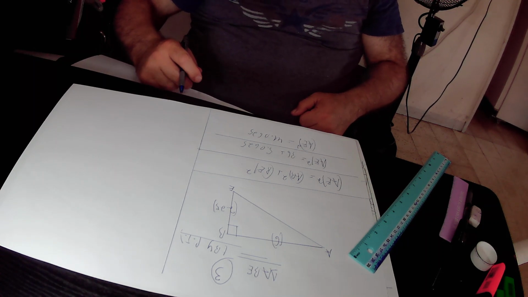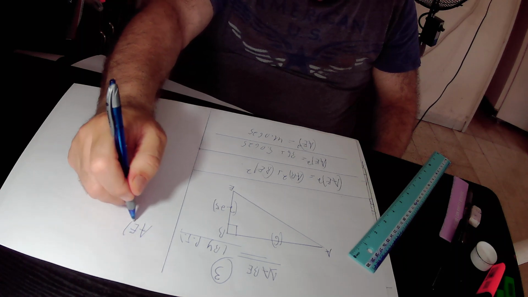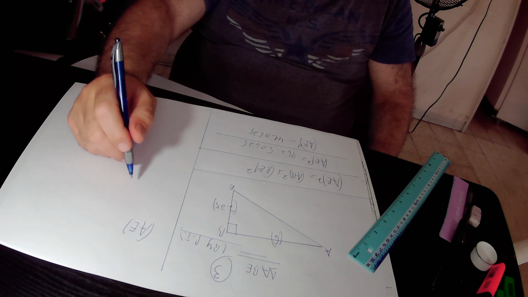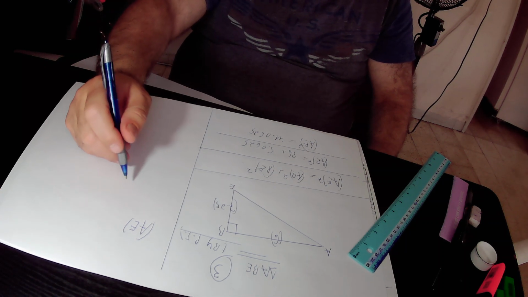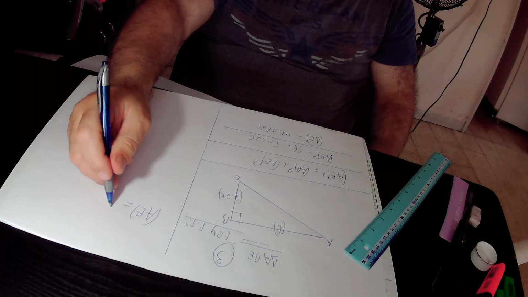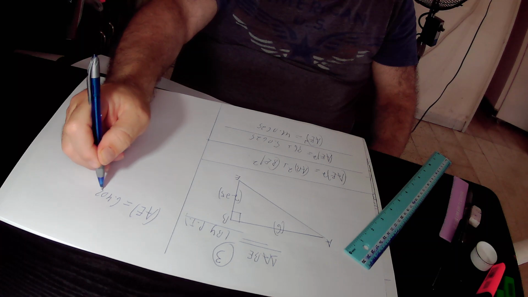Here we take the root of this equation, and finally we get that the missing line segment AE equals the square root of 41.0625. That actually equals 6.408 units.